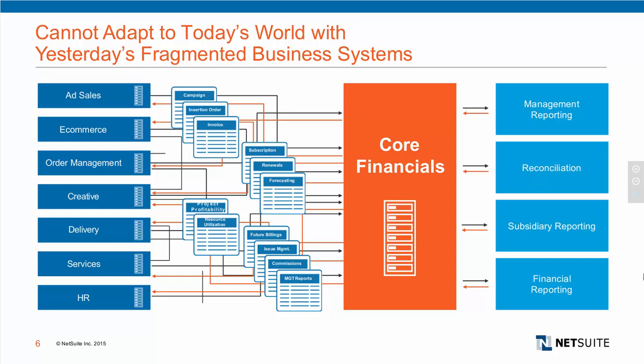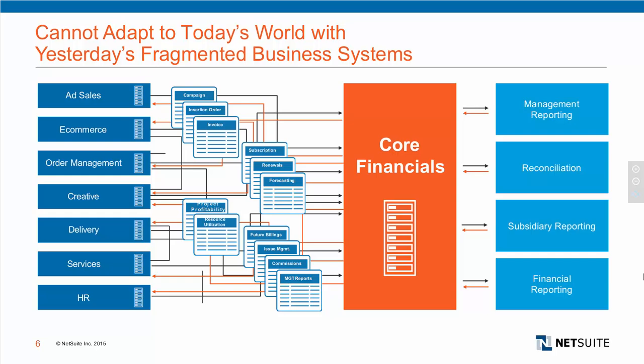At the same time, what we typically run into when we engage a classic media publishing company is a series of silos. There are ad sales groups, there are e-commerce groups, order management, creative, delivery, services, and HR, all operating within different systems. Some may be on-premise, some may be in Excel, all of which have a spaghetti of integration points to a core financials, which may or may not be internationally capable.